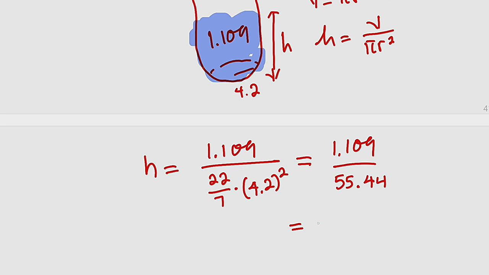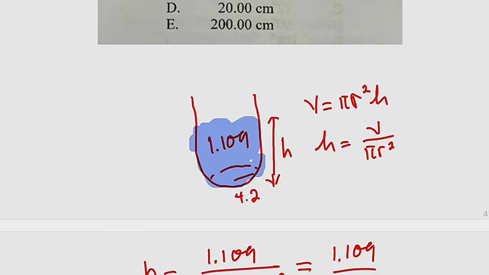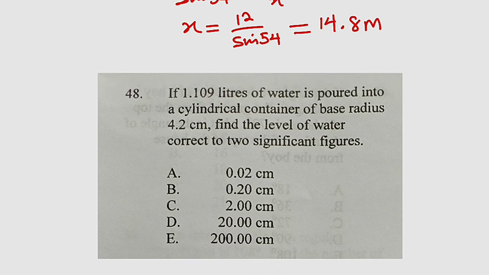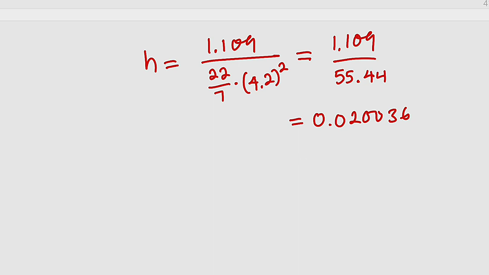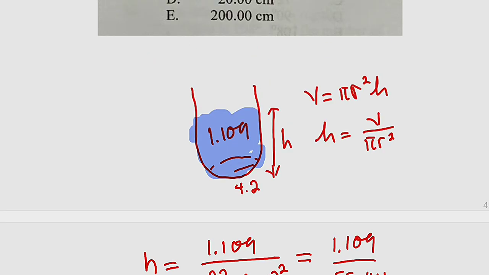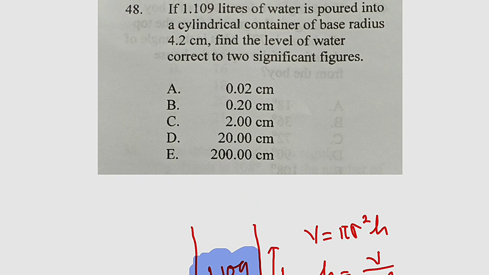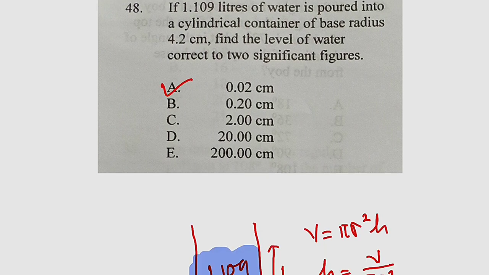This is equal to 0.020036. But they said in what? Two significant figures. And to round this to two significant figures, we have 0.02. So this is our final answer, 0.02 cm, which is option A. Now let us move on to question number 49.